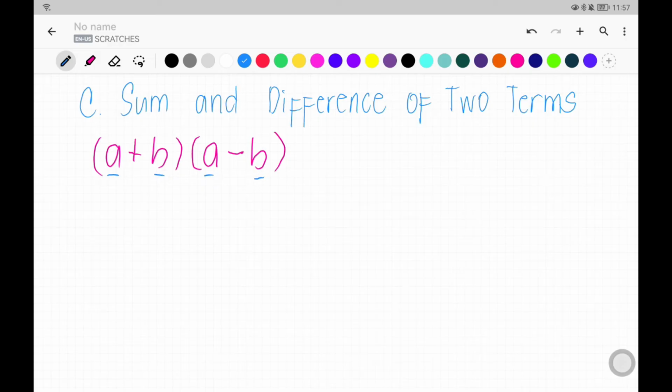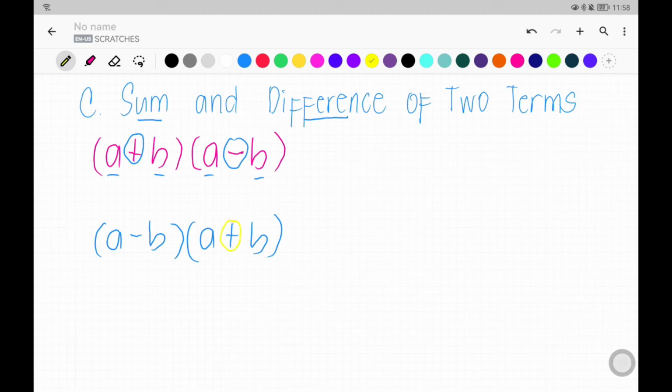AB, the operation in between lang yung pinagkaiba. Isa plus, yung isa minus, or whichever. So, pwede din naman kasing A minus B, and then A plus B. Pwedeng ganito, basta sum and difference. Okay? Sum and difference.